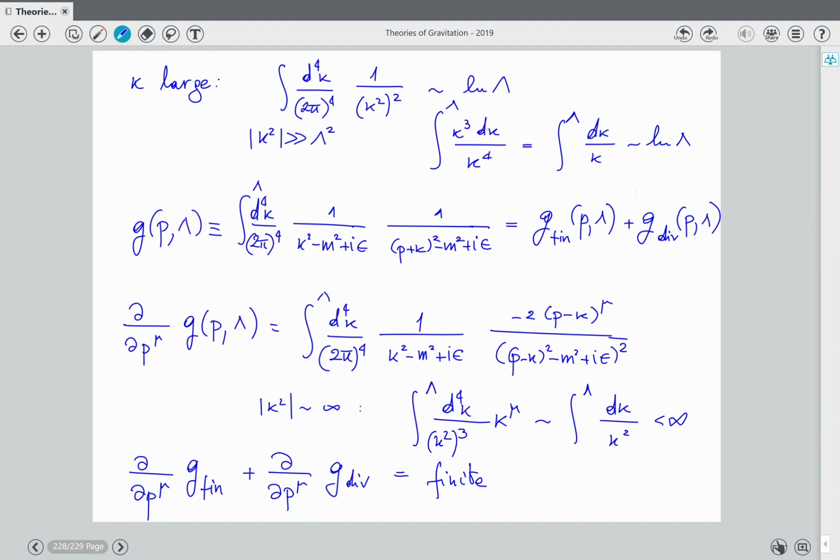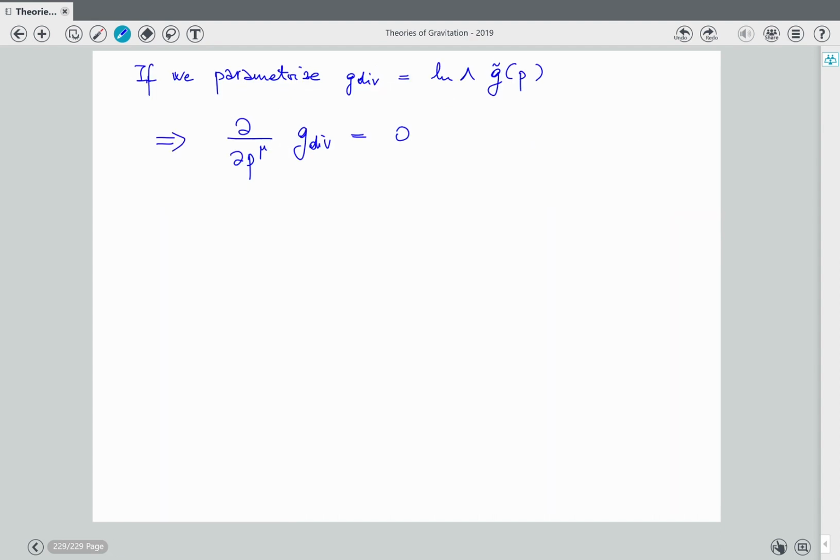So the divergent part could be log lambda, lambda, lambda squared, lambda log lambda. Typically in quantum field theory you will only find logarithms and powers of logarithms, nothing else. Because these are integrals of rational functions, they are simple integrals, and the integral of a rational function can only give logarithms or powers, cannot give anything worse than that.